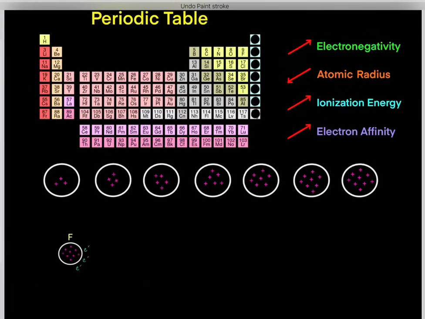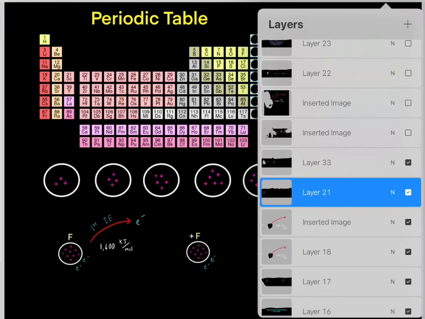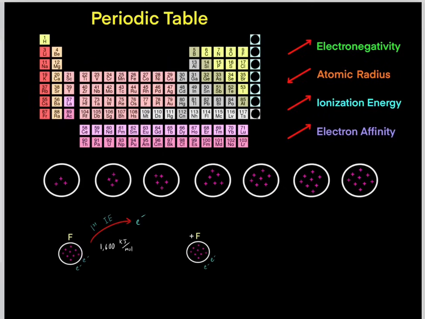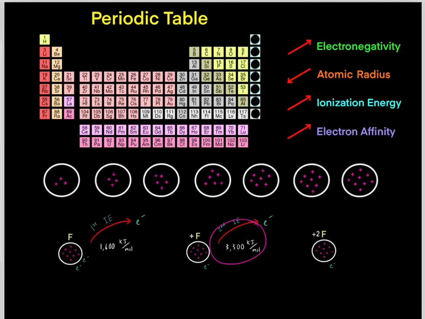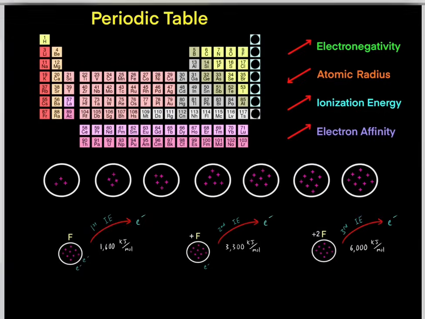But something important to realize is the more electrons you rip off, the more energy is required. For example, to rip off this first electron of fluorine requires 1600 kilojoules per mole. However, to rip off the second electron requires 3300 kilojoules per mole. And to rip off the third electron requires 6000 kilojoules per mole.